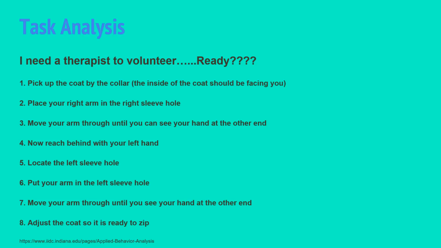Now reach behind with your left hand. 5. Locate the left sleeve hole. 6. Put your arm in the left sleeve hole. 7. Move your arm through until you see your hand at the other end. 8. Adjust the coat so it is ready to zip. Great job!